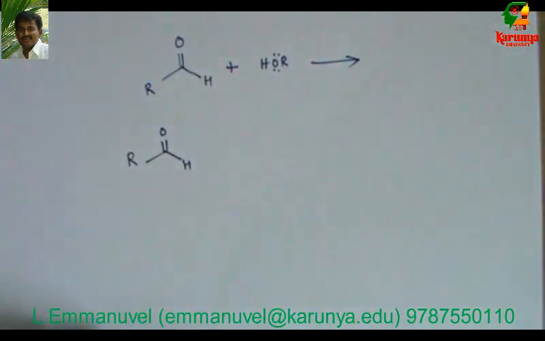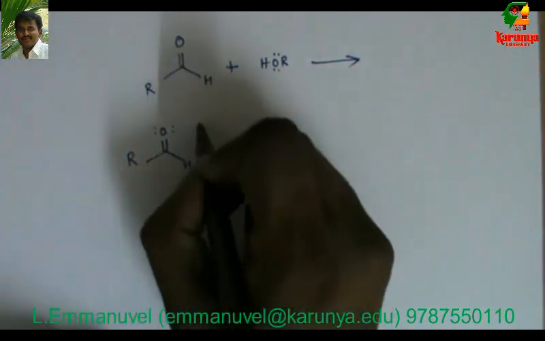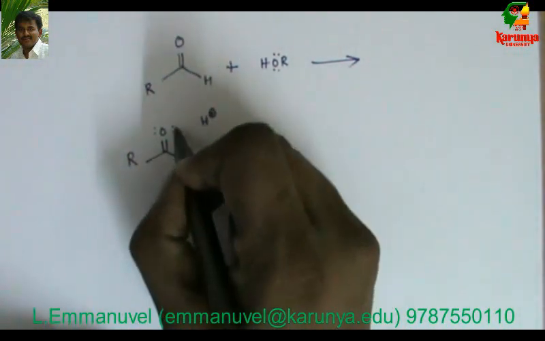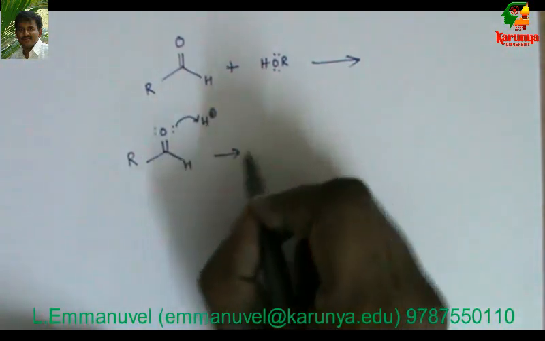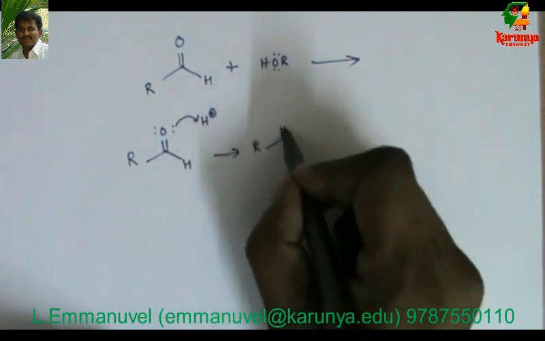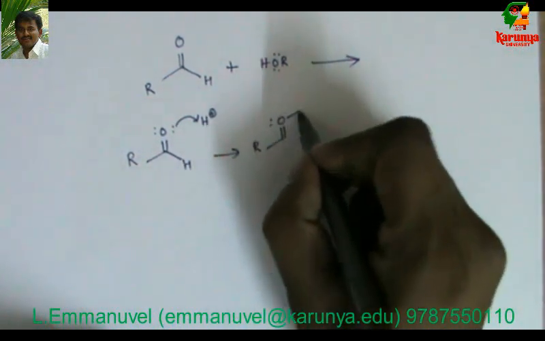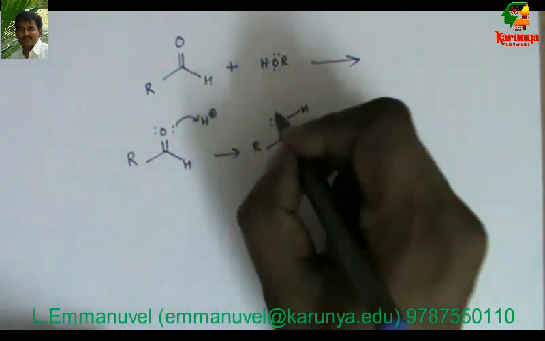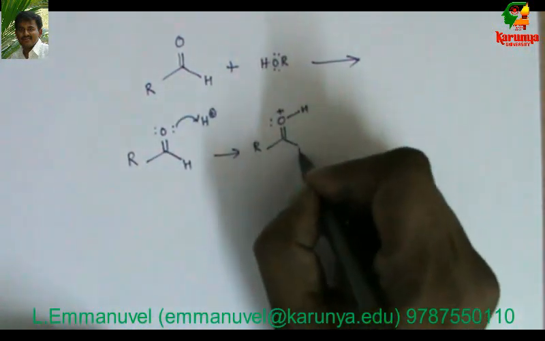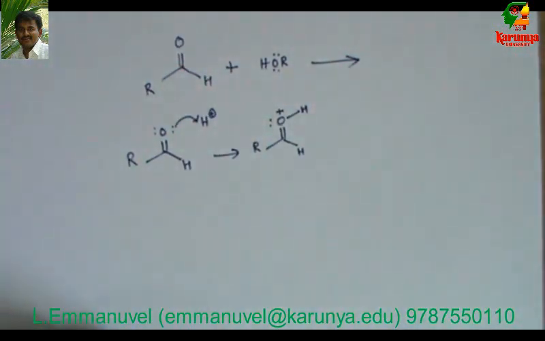I explained that the carbonyl group, that is the lone pair of electrons, is the nucleophile. So that can attack H plus. What we get is, since the lone pair of electrons is lost, a positive charge on oxygen.